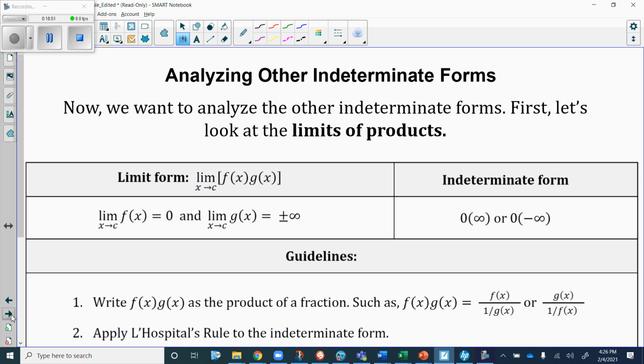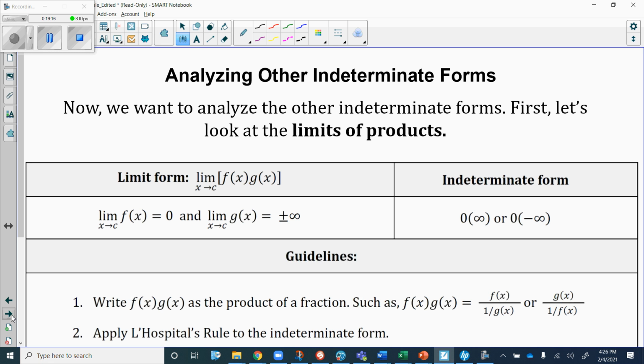So a lot of that stuff, again, really isn't anything new for things that we've been doing with L'Hopital's rule. But now we're going to start seeing some different types of indeterminate forms where maybe we're going to get something that says infinity times 0 or something along those lines.